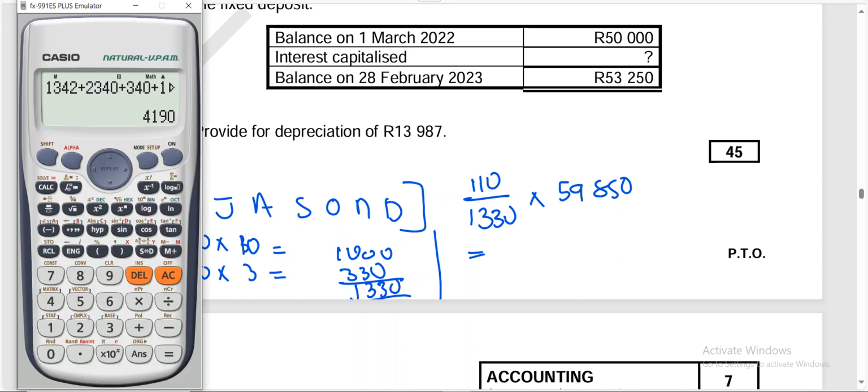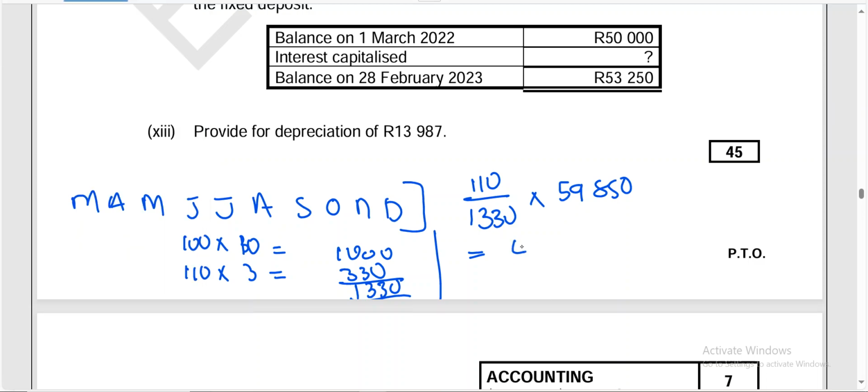Okay, so if we say 110 divided by 1,330, and then we multiply by 59,850, it gives us 4,950. So it means that the amount that we must subtract is 4,950, and then you're done with that calculation.